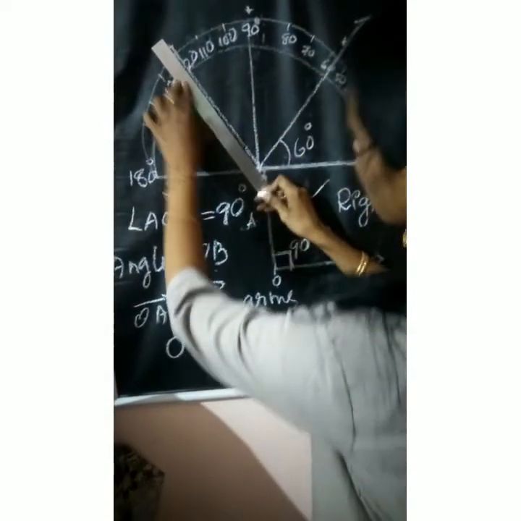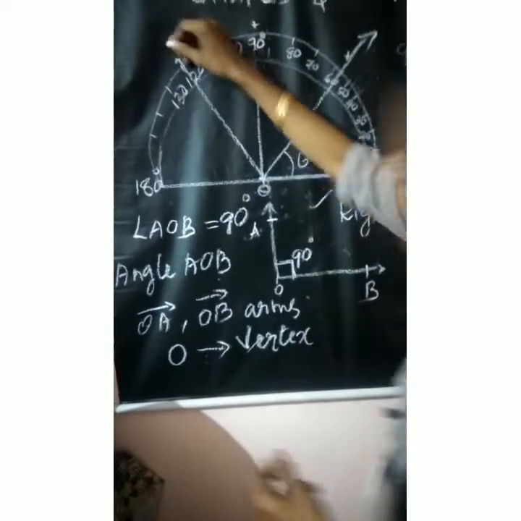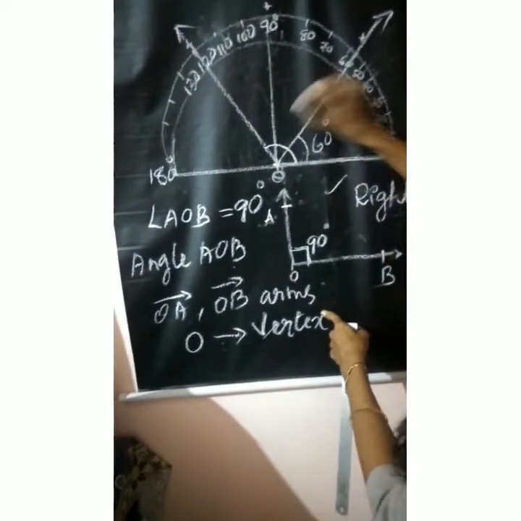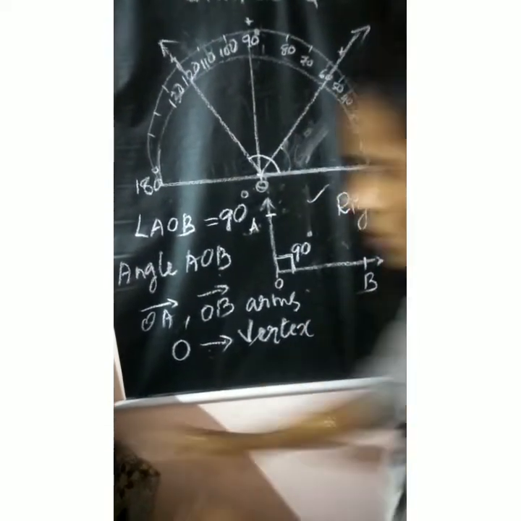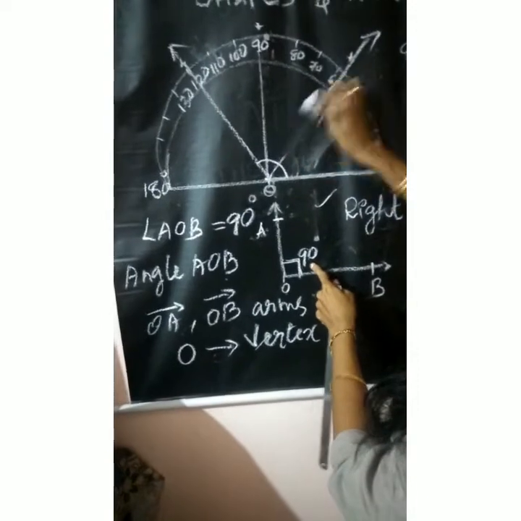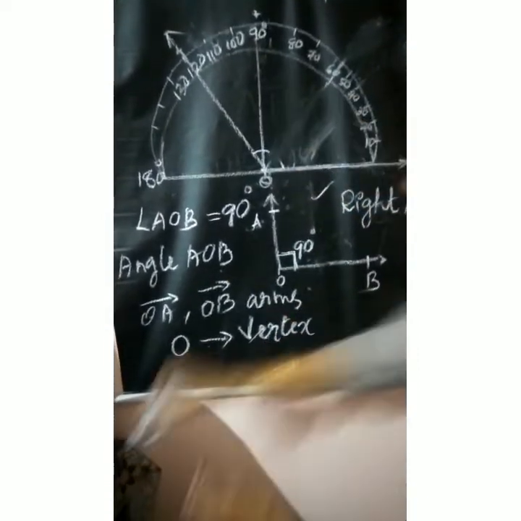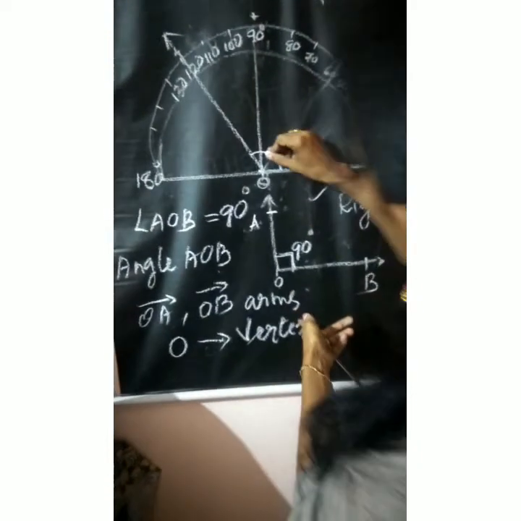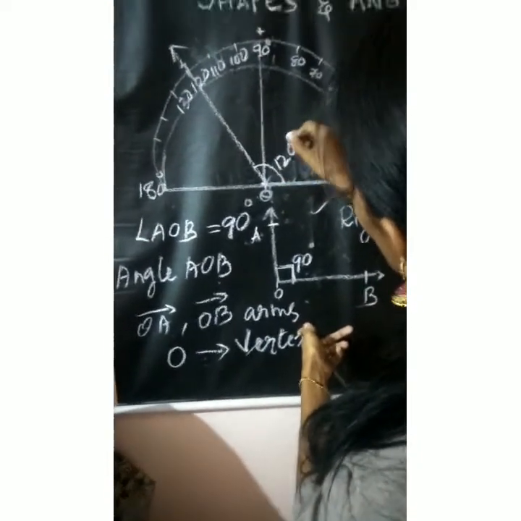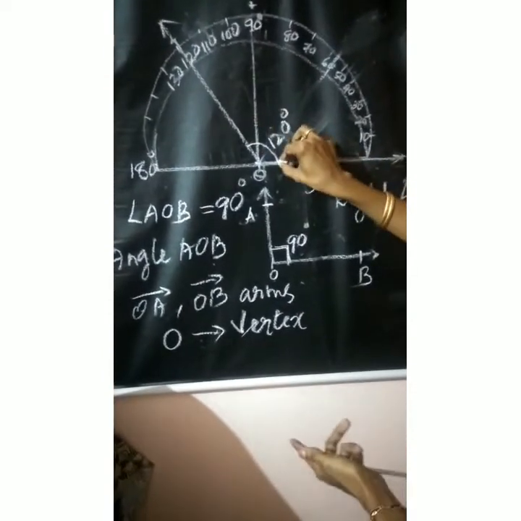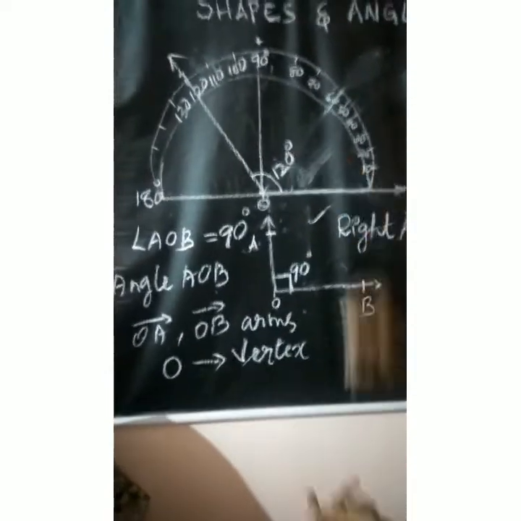This is the 120 degree angle. The 60 degree angle we had earlier, just forget it; all that is completed. Now we are on the 120 degree angle, whose measure is 120 degrees.